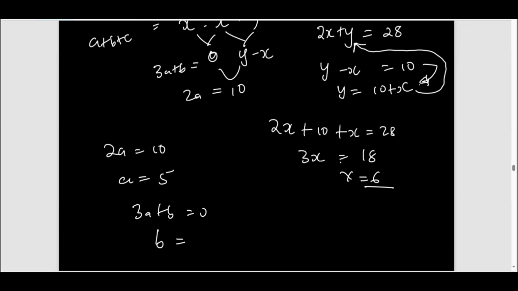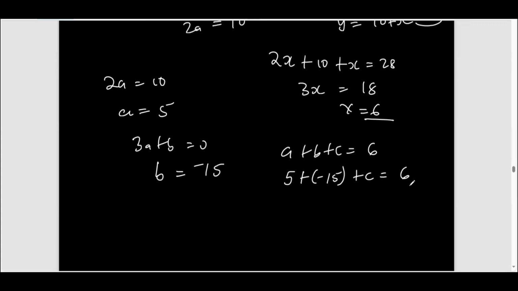Take that side, which is negative 15. Then a plus b plus c should give us a 6 as our first term. A is 5, b is negative 15. We're looking for c, so that we get a 6. On the left, we have a negative 10 plus c is a 6. Then c becomes a 16.